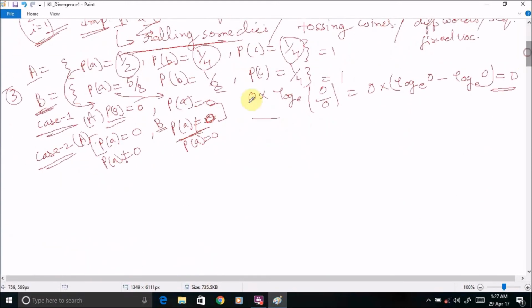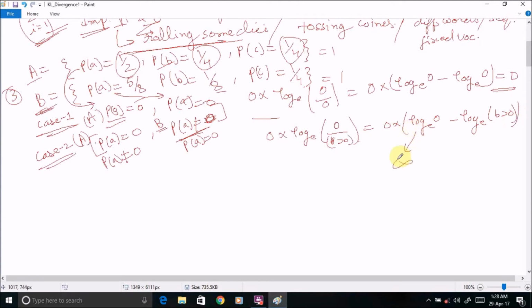Then for the first part it will be equal to some value greater than 0, like b greater than 0. So in this case it may be equal to 0 into minus some value b greater than 0.